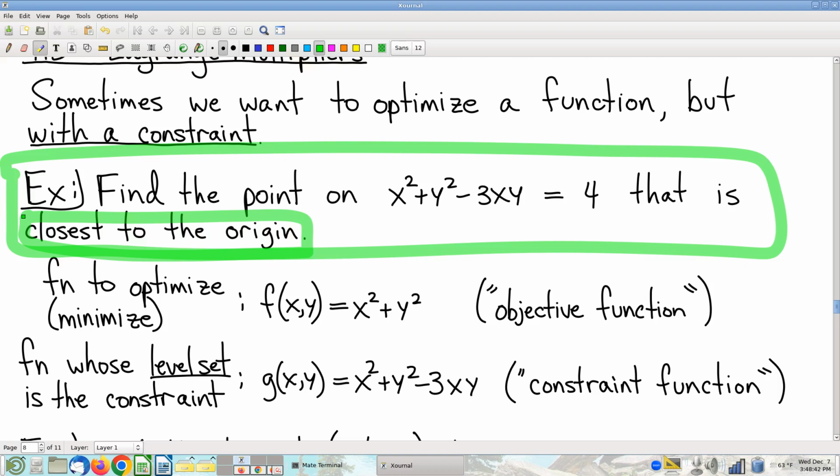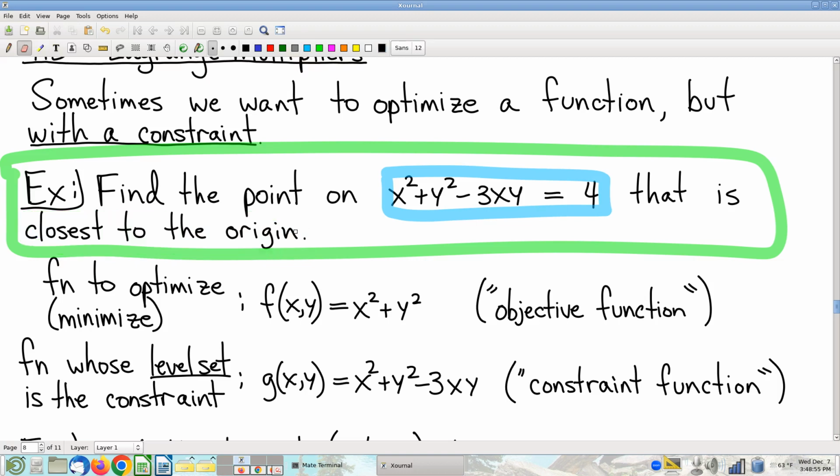But very importantly, that's not what we're looking at. We are interested in finding, with the understanding that we're constrained only to look at these points, among just those, which one is closest to the origin? So it's a harder problem. Everybody see that? All right.